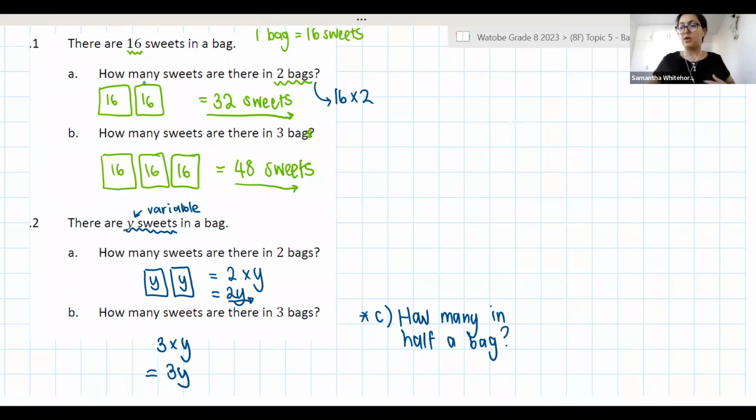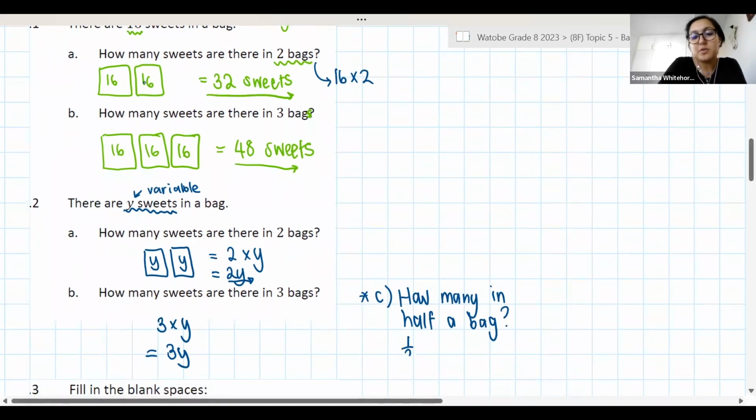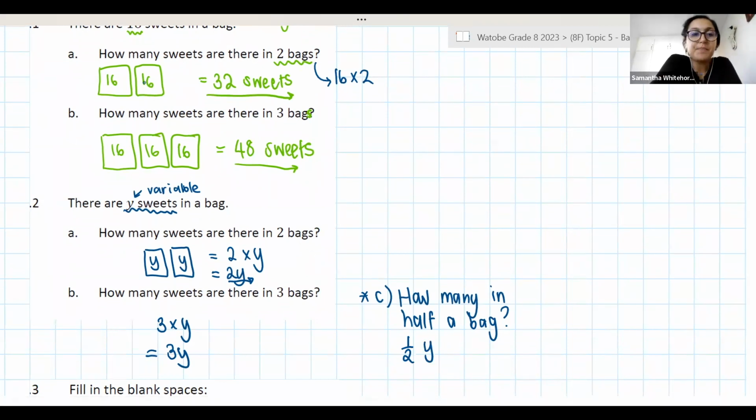So I've only got, how many would I have in my bag? Good, guys, well done. So if I've got half a bag, we know that the number of sweets I would have is half y, or half times y. I would have half of y.